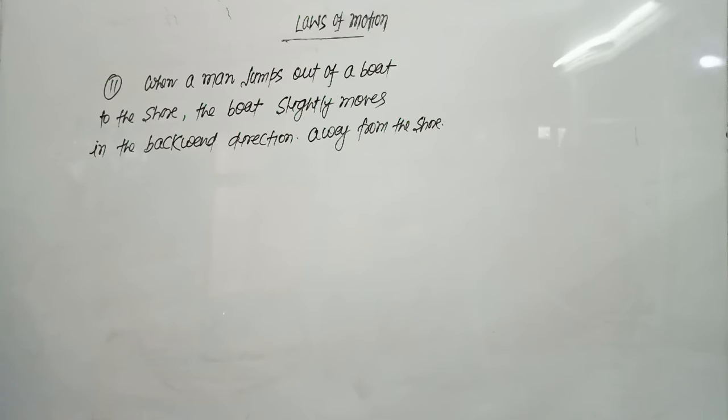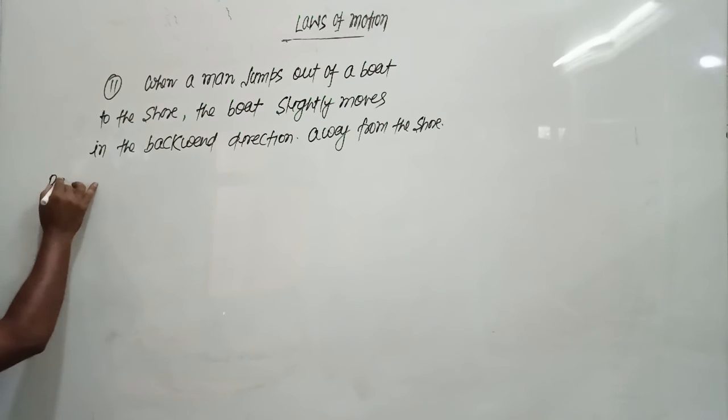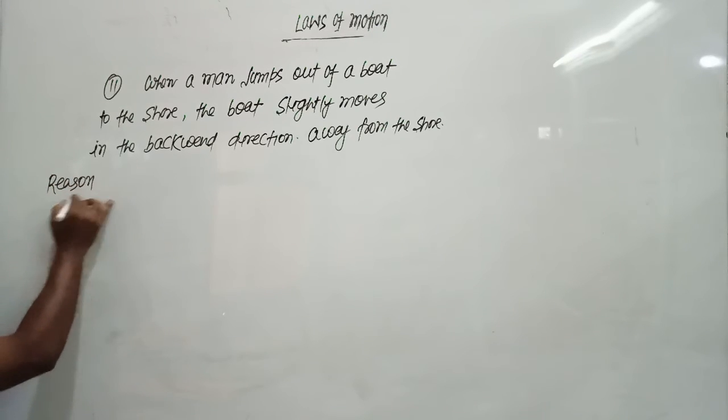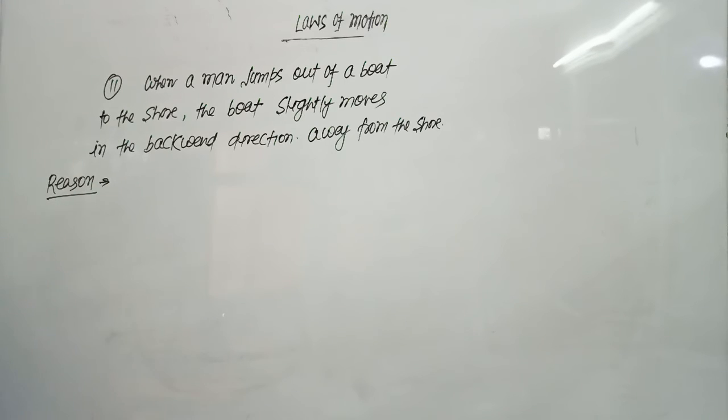So in examination, the question asked is to give a reason why the boat slightly moves in the backward direction away from the shore when a man jumps out of a boat.